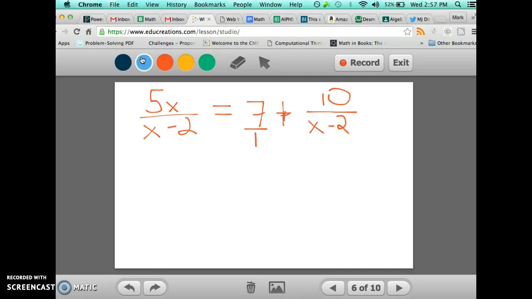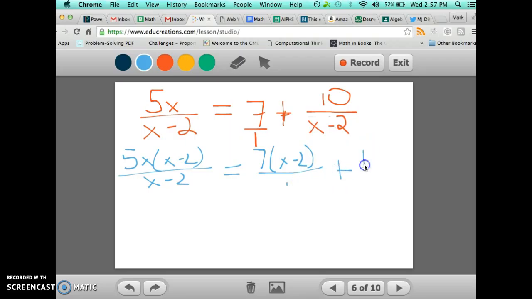So multiply everything by that. So we'll have 5x times x minus 2 over x minus 2 equals 7 times x minus 2 over 1 plus 10 times x minus 2 over x minus 2.